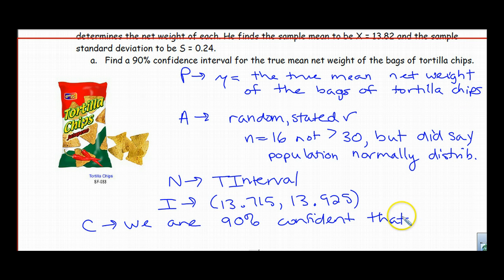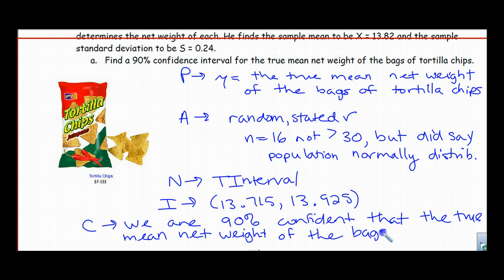So we are 90% confident that the true mean net weight of the bags of tortilla chips is between 13.7 ounces and 13.9 ounces. So I went back to this.